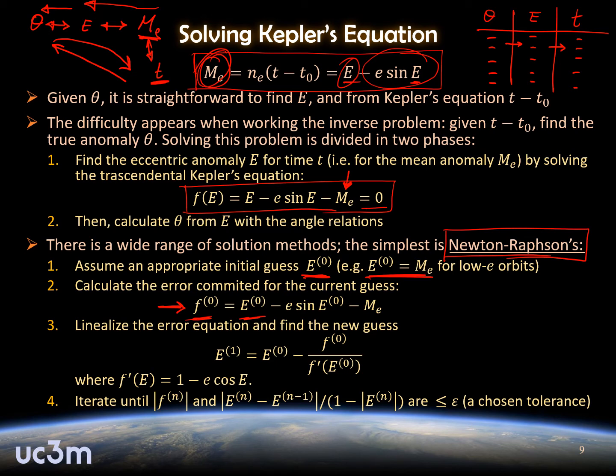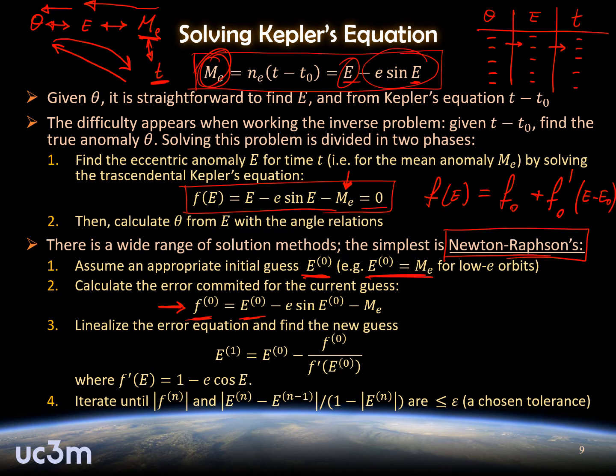So now that we have this error, we can linearize the error equation. All right. So our error equation can be expressed as follows: F0 plus F prime evaluated at E0, times E minus E0.